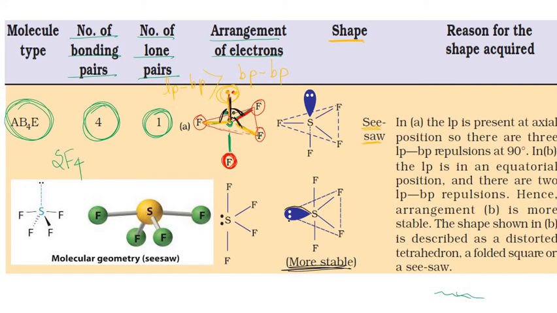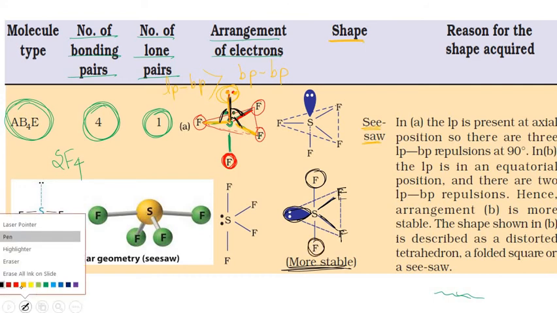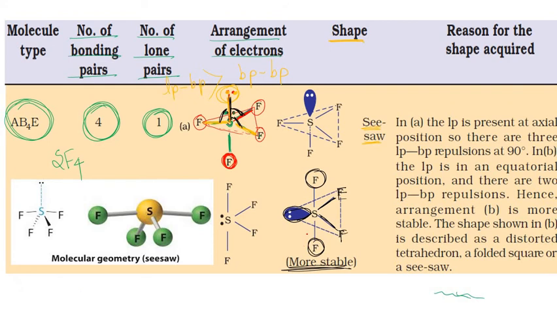Now the lone pair is present in equatorial position, and 2 fluorine atoms are also present in equatorial position, and of the remaining 2 fluorine atoms, one is above, the other one is below. By being in equatorial position, there is less interaction. It will interact with only this fluorine atom and that fluorine atom. Only 2 are there. But in the earlier case, there were 3 interactions.